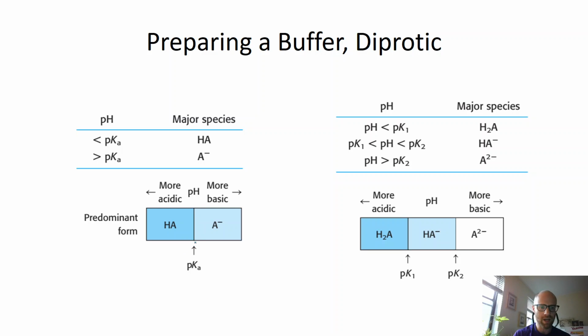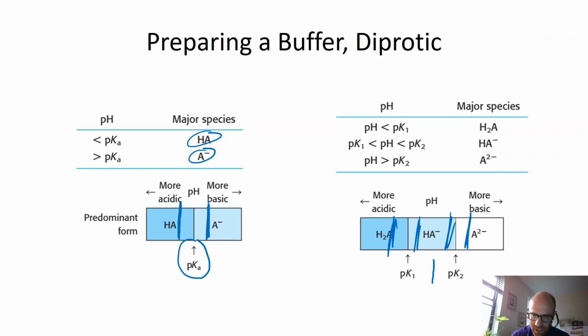So in our monoprotic system, we saw that the pH equals pK is our tipping point where the major species is present, but also our buffering region is on either side of that. And then over here, our buffering regions are on either side of that again. So basically, if we know what pH we're shooting for, that tells us what K value we're going to use.